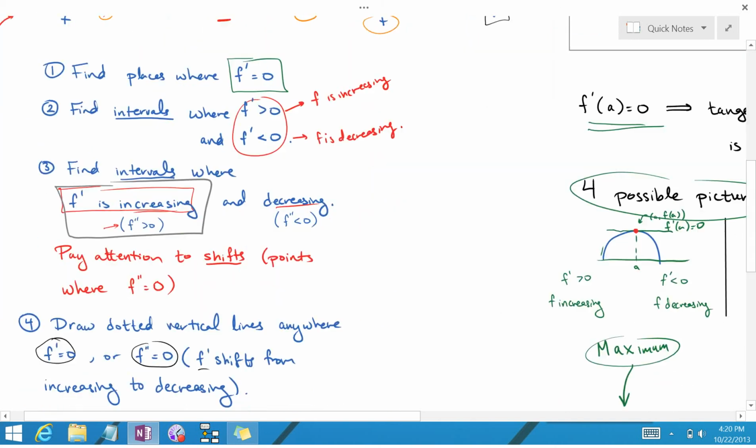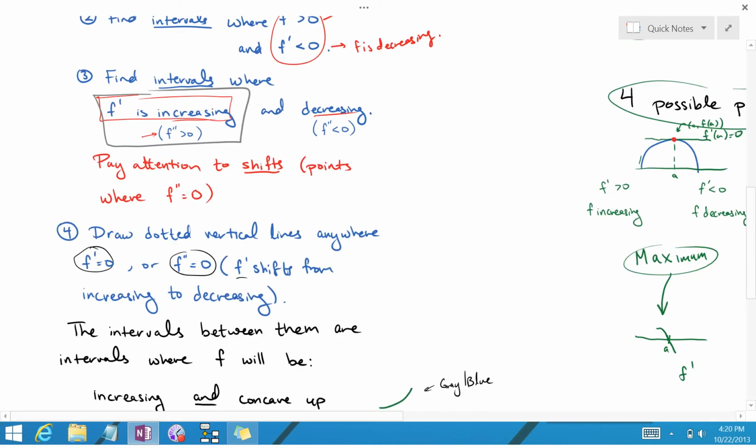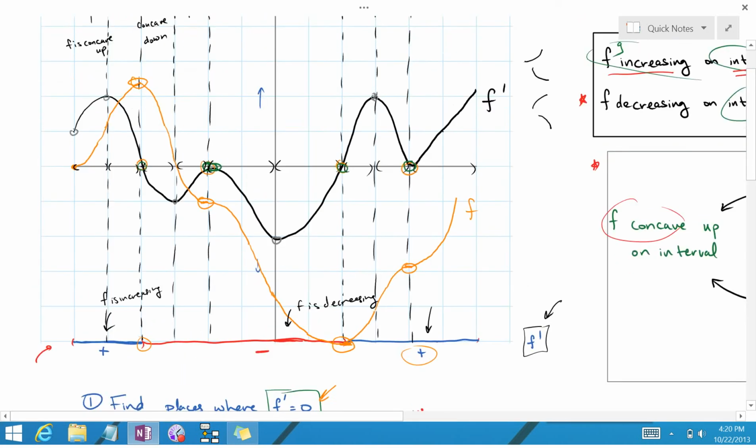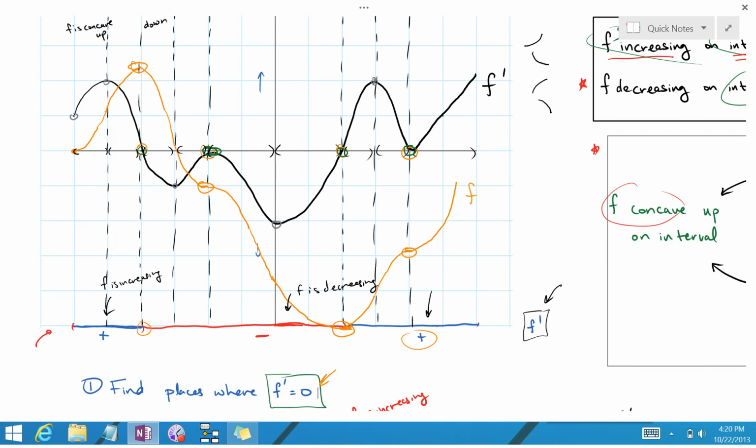So you just follow these steps. Find where f prime is 0, and the intervals where it's positive and negative. Here you know it's flat. Here you'll know that it shifts, and so on. Also find where f prime is increasing or decreasing, and especially pay attention to shifts. And then draw the vertical lines so you can actually see the walls, so you know that you have to change something every time you hit a wall.